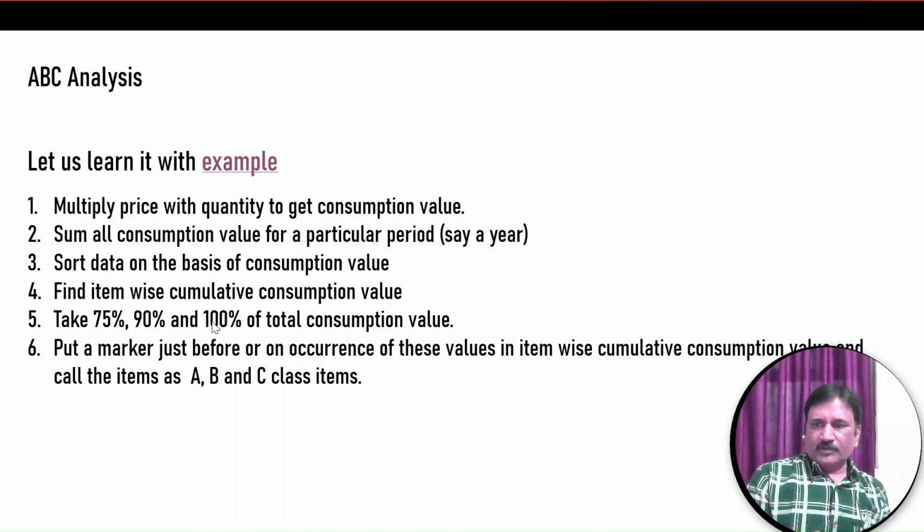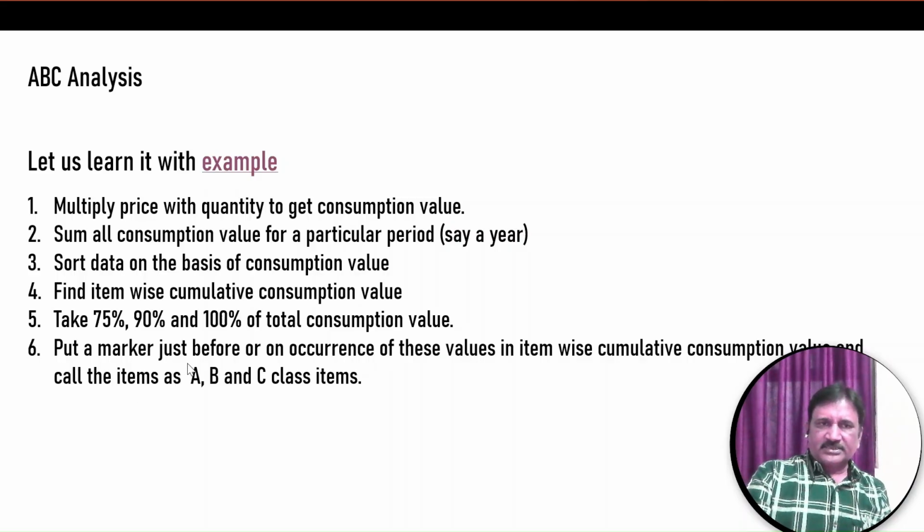We have seen 75%, 15%, 10% of the consumption value. So cumulatively we will have to consider them at the markers of 75%, 90%, and 100% of the total consumption value.